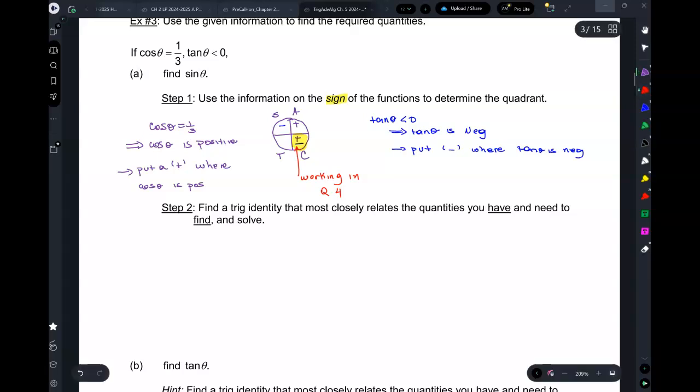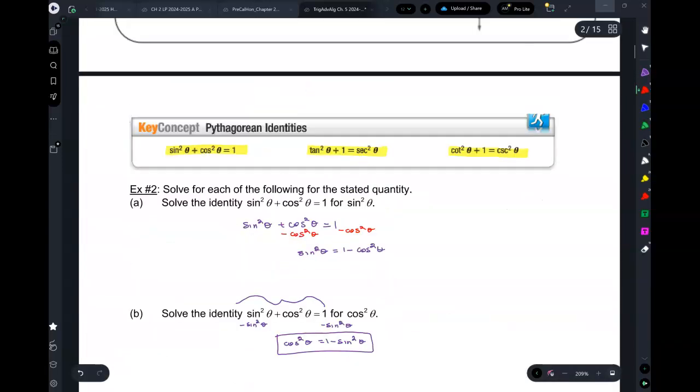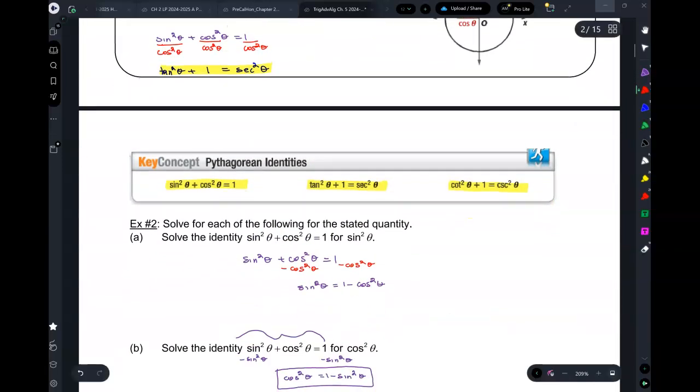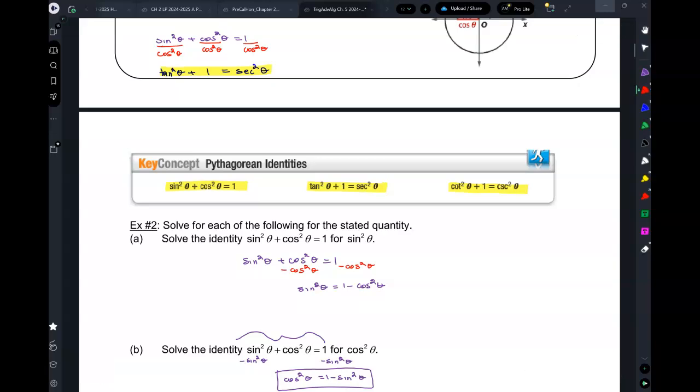So we have cosine, we need sine. So what identity relates sine and cosine? Okay, so tangent will have tangent, sine, and cosine.